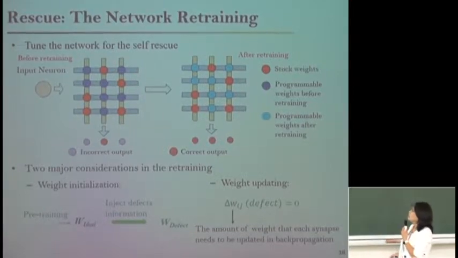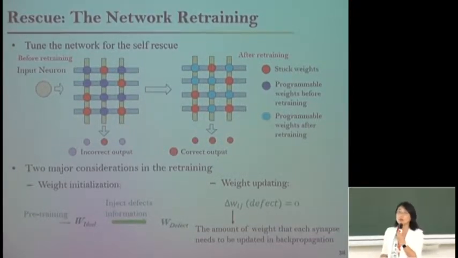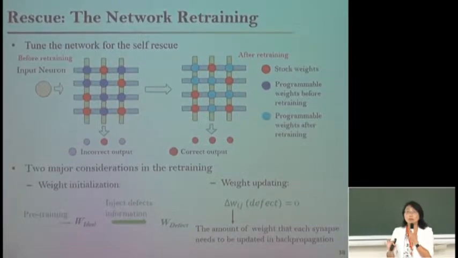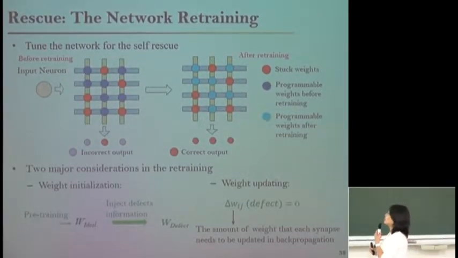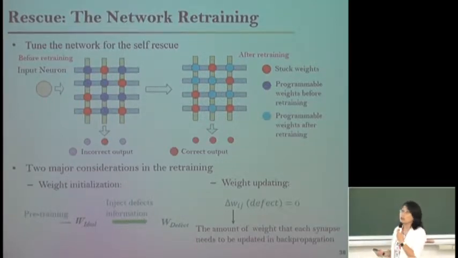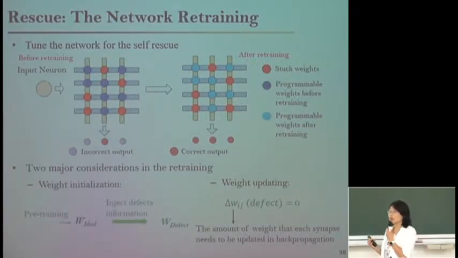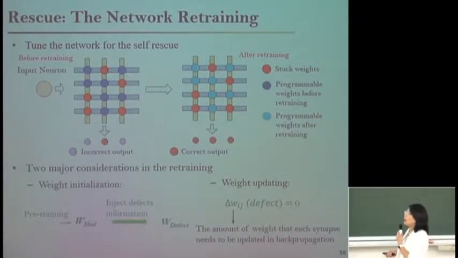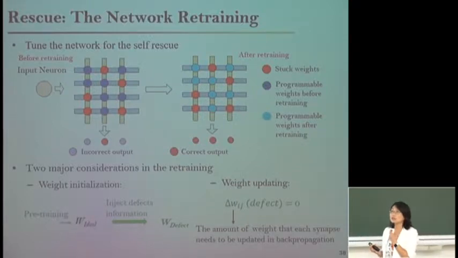How do we overcome this? Here, we present a very simple structure, rescue network retraining. Essentially, for crossbar arrays in memory systems, we assume that when we have the crossbar fabricated and tested, we are able to identify the defects, either stuck on or stuck off. Initially, the network can be trained theoretically.